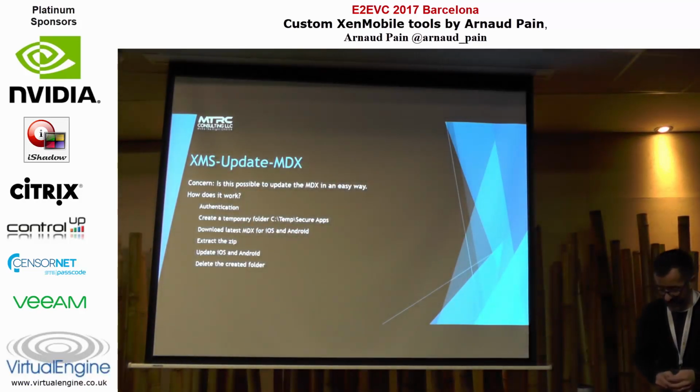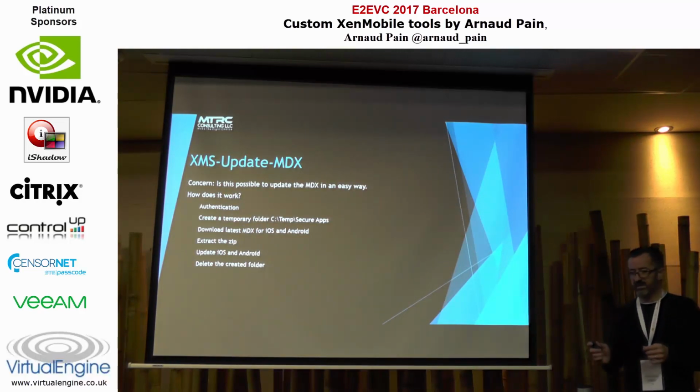So this one is update index. When you publish the application, you have the index which Citrix provides on the website, and you can also push public applications. It's easy for public applications in the web console just to upload, because there is a check with the public store. For index, it cannot be done.